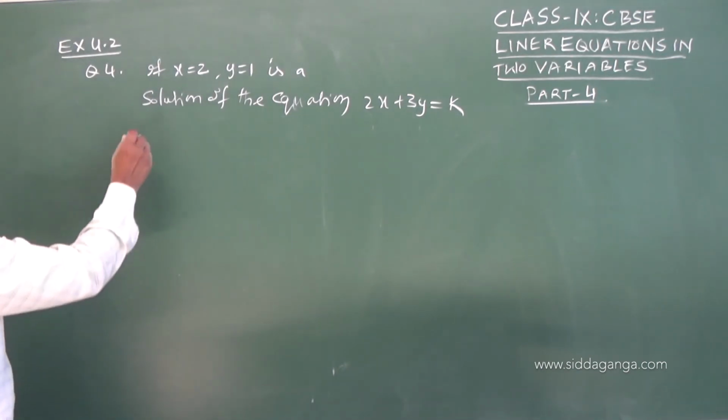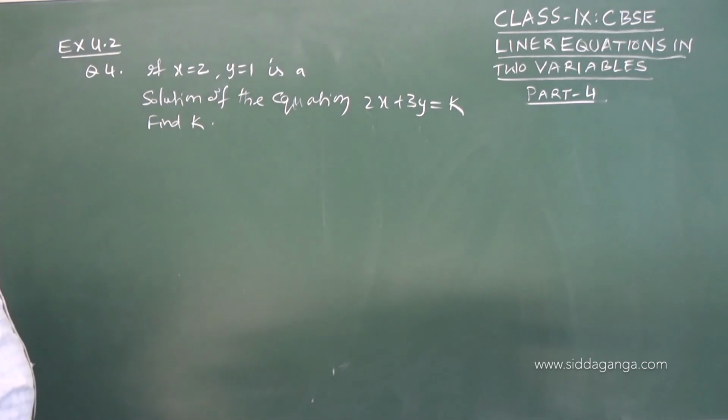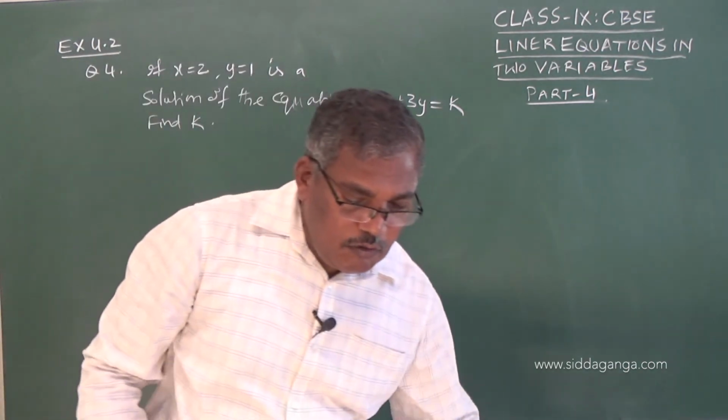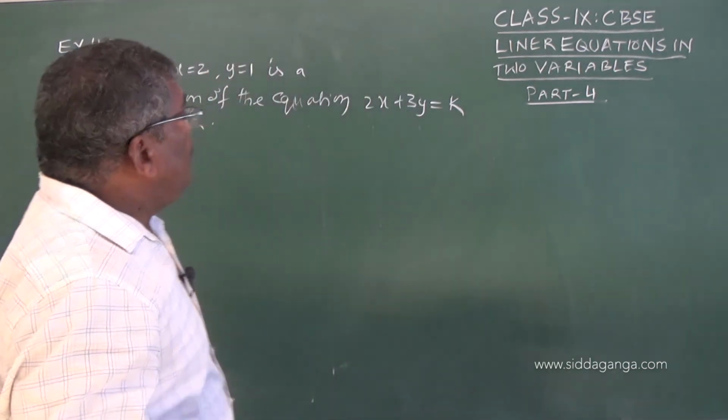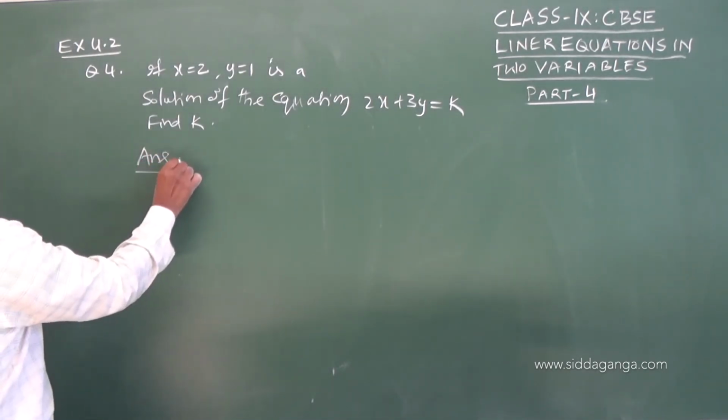Find k. This is a very simple problem. Substitute the values and find k. That's all.